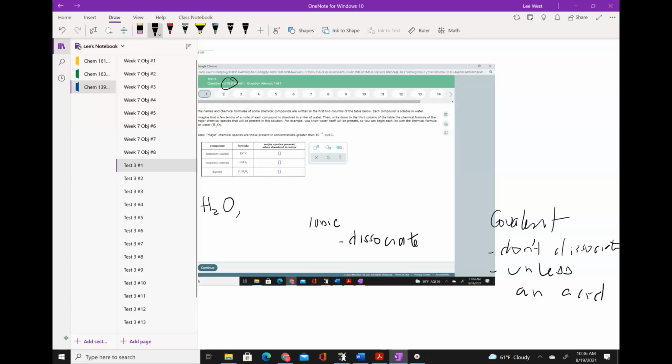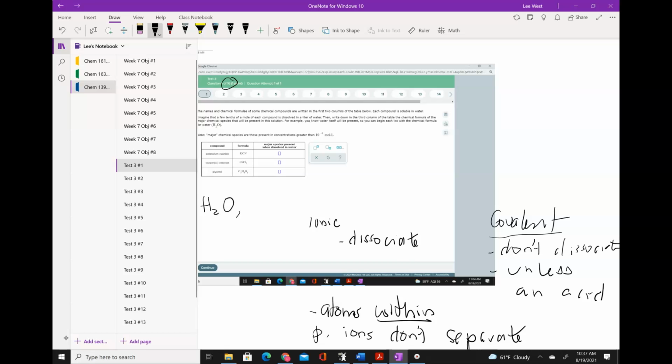Now, covalent bonds can't be disrupted by water molecules. So what that means is that the atoms that are held together via covalent bonds within a polyatomic ion don't dissociate. So atoms within polyatomic ions don't separate. And we might see that in this problem.